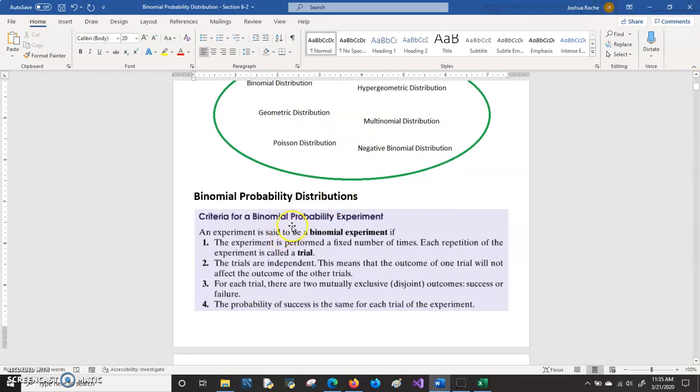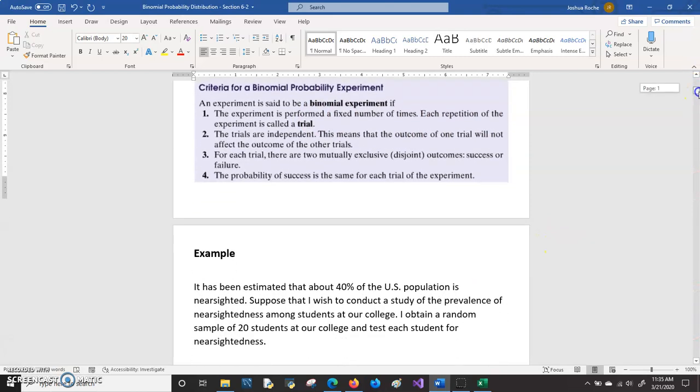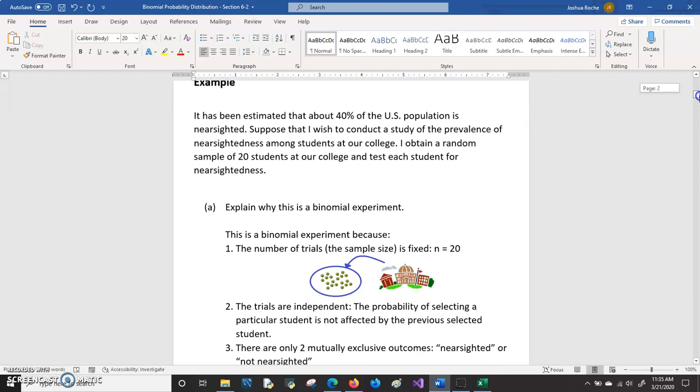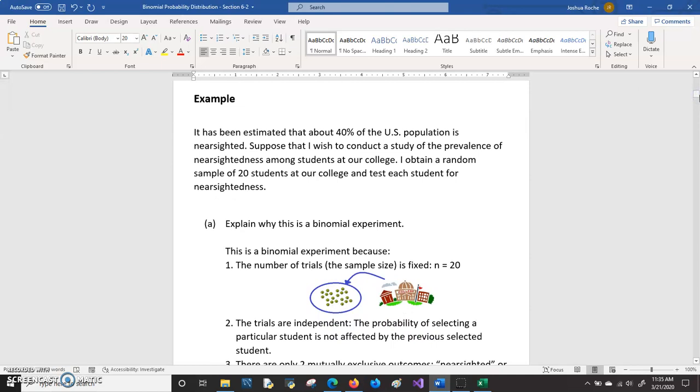And a binomial distribution has certain characteristics that make it binomial. These characteristics I've put in this document. They're also on the slides. But again, I'm going to go right to an example, and we'll talk about those characteristics and other parts of the problem as we go.